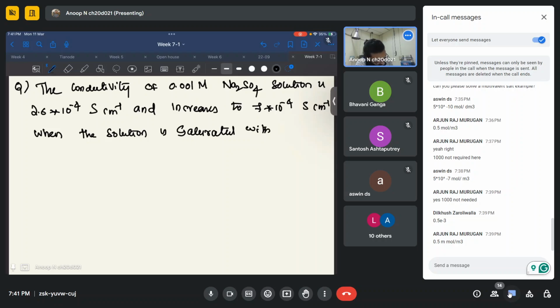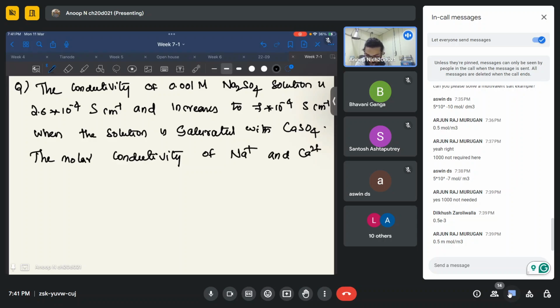with CaSO4. The molar conductivity of Na plus and Ca2 plus are 50 and 120 Siemens centimeter square per mole respectively.